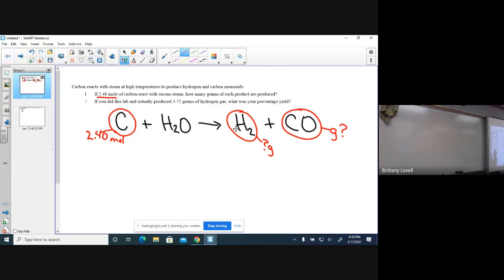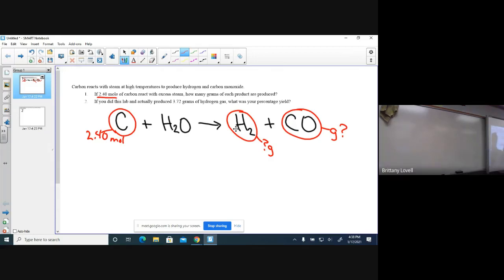Now, the way that I'm going to work this is I'm going to go through the step method. I've balanced my equation. I would convert grams to moles if I had any, but I don't have any grams. It's already in moles. Well, the next part is once it's in moles, you just look at the ratio of carbon to one of the unknowns. Okay. So what's the ratio of carbon to hydrogen?